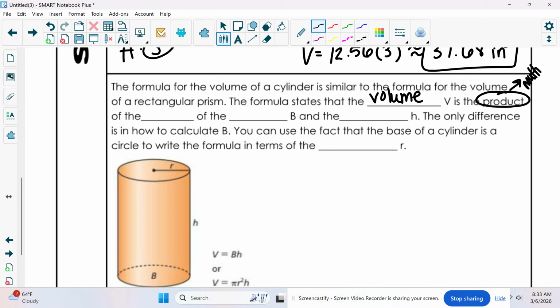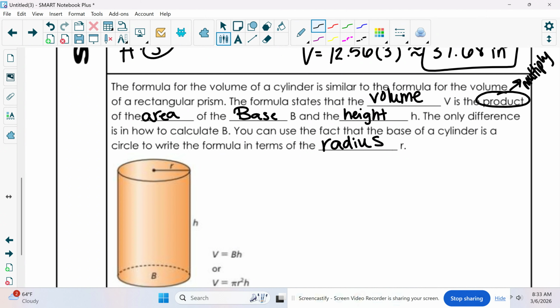You multiply the area of the base, B, and the height, H. The only difference is how you calculate the B, if you use the fact that the base of a cylinder is a circle to write the formula in terms of the radius.